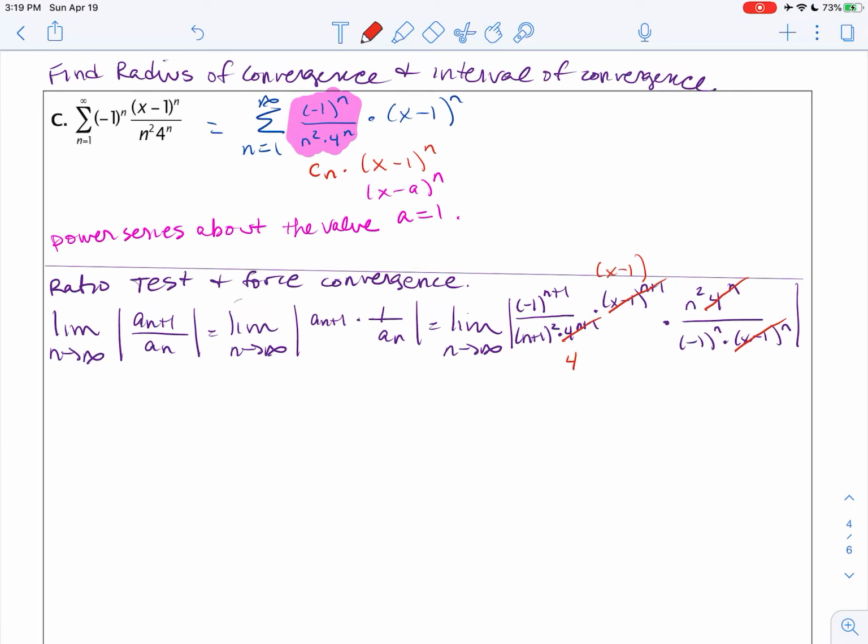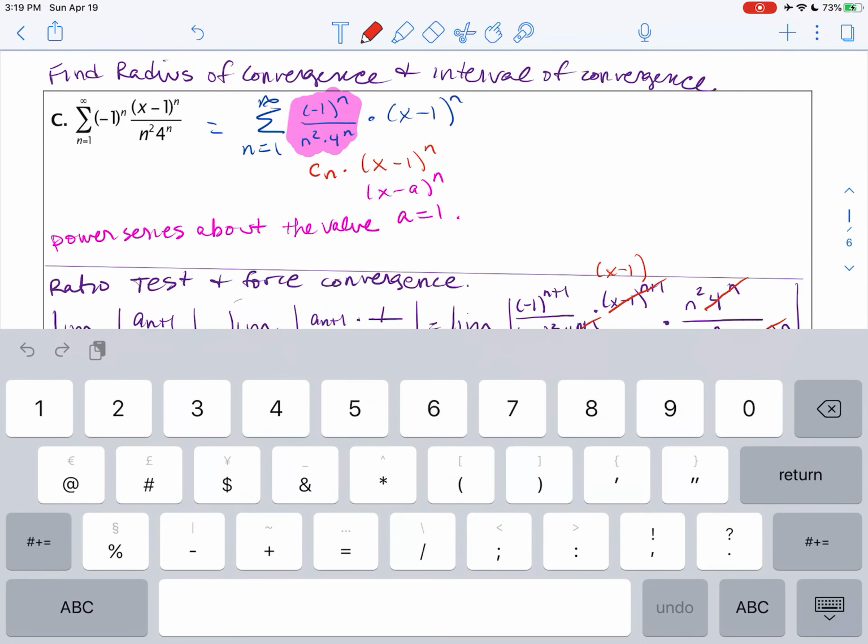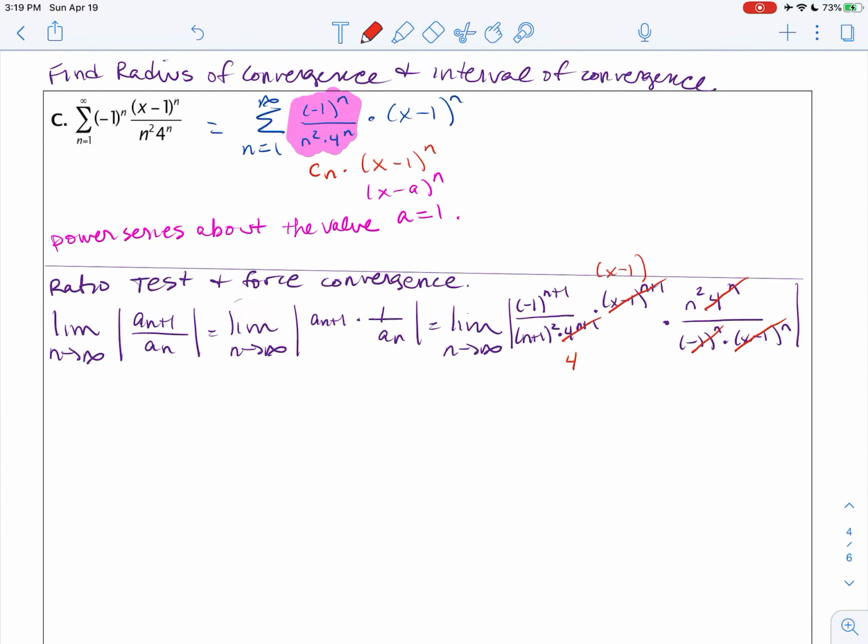And I can do the same with the minus 1s, but remember, since I'm inside absolute values, it's irrelevant to even include the minus 1s, but you can go ahead and do that. But n minus 1s cancel with n plus 1 minus 1s to leave 1 factor of minus 1 left over.